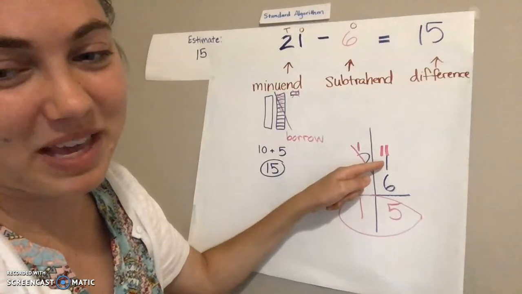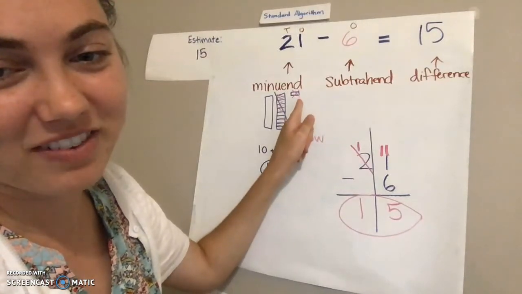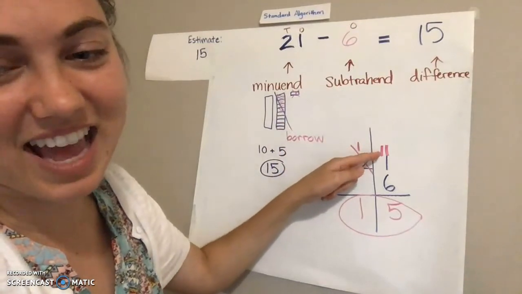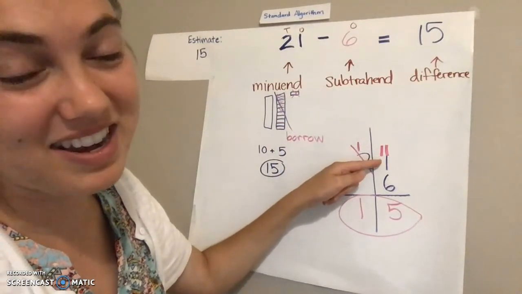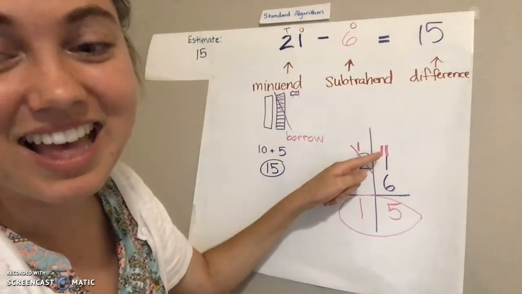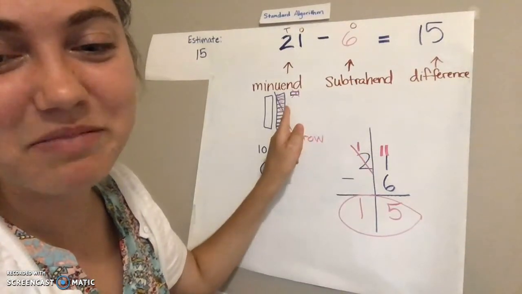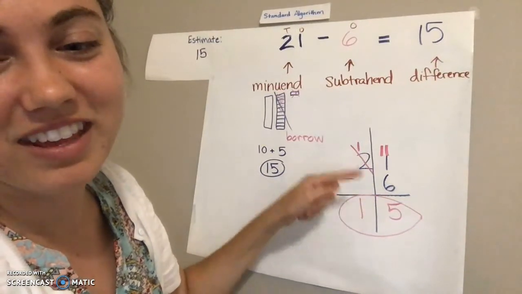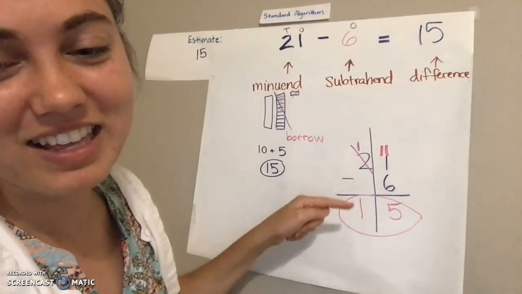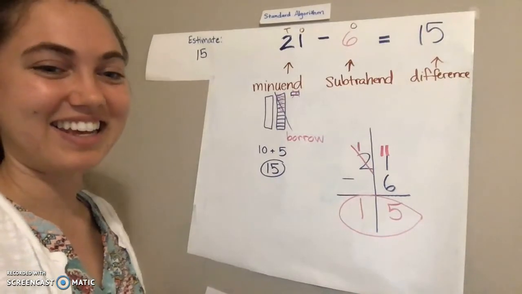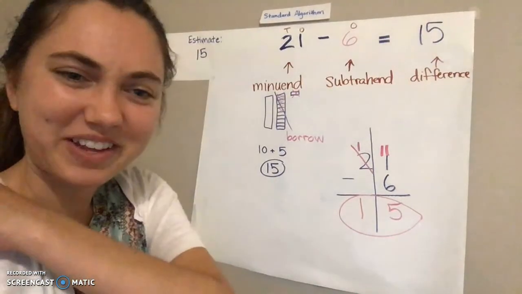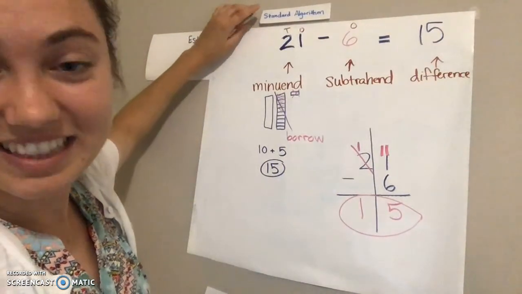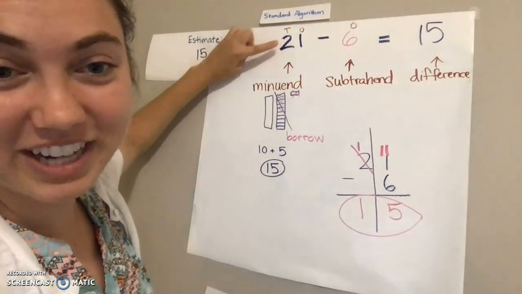So instead of just being a 1 all by itself, we got to add another 10 to it. So instead of just 1, what's 10 plus 1? 10 plus 1 is 11. So 11 minus 6 is 5. 1 minus nothing is 1. 15. Good job. Pat yourself on the back. That was our first time ever using the standard algorithm for a subtraction problem.